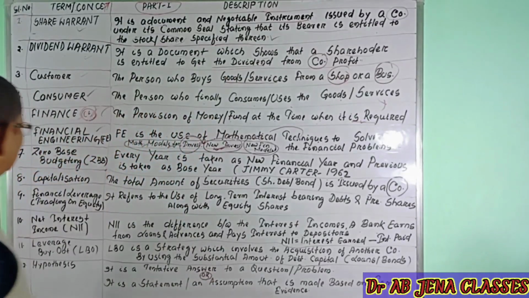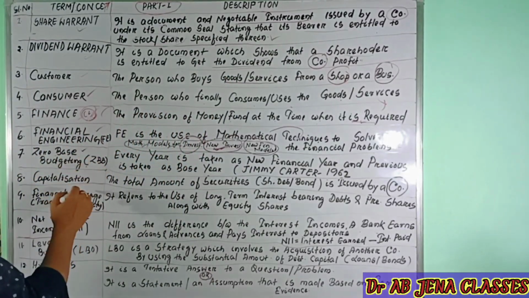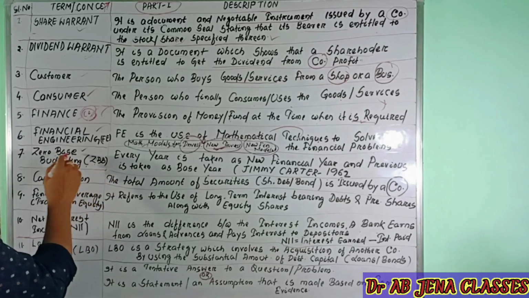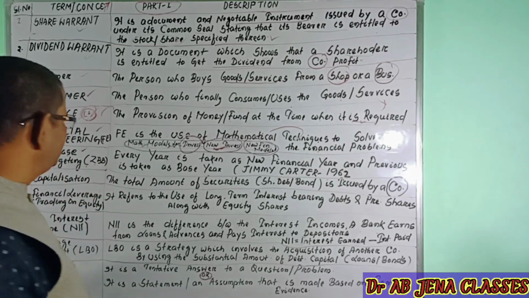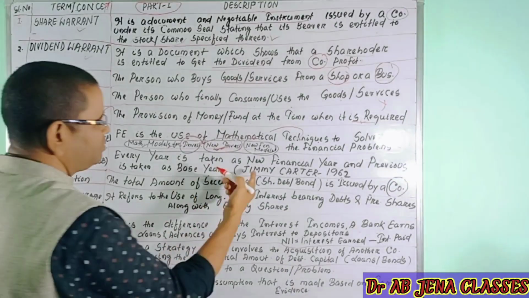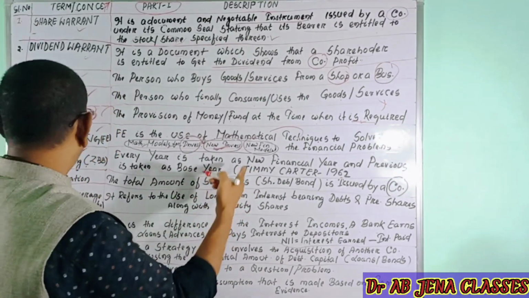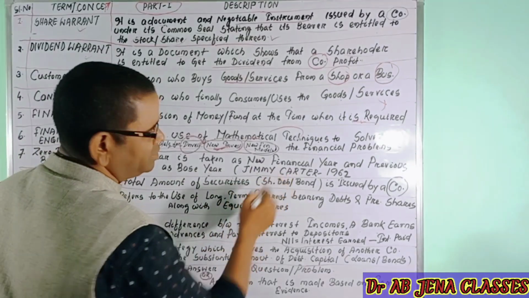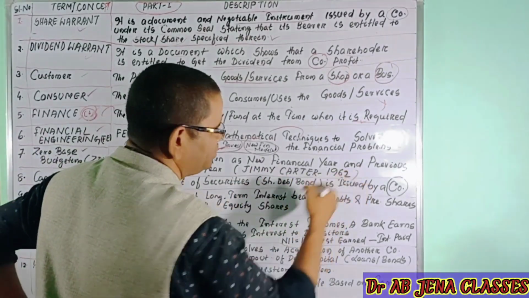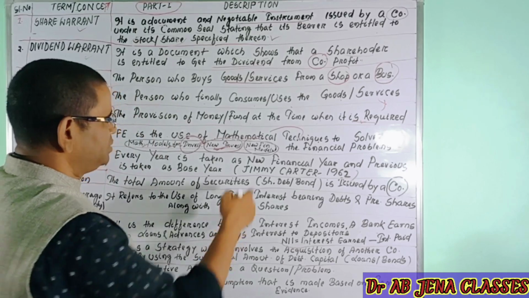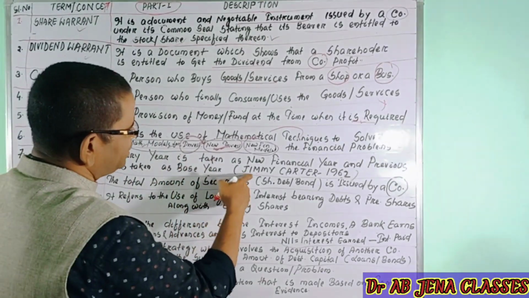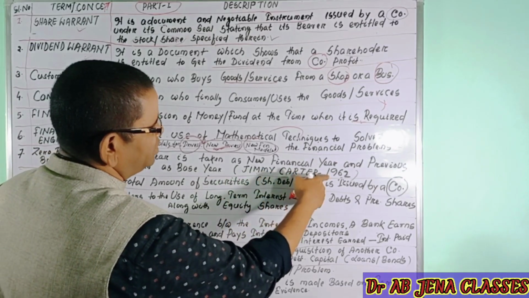Yes, the next one is zero based budgeting. ZBB stands for zero based budgeting. What is this? The promoter of the idea was Jimmy Carter in the year 1962 from USA. So this concept was developed or introduced by Jimmy Carter in the year 1962.